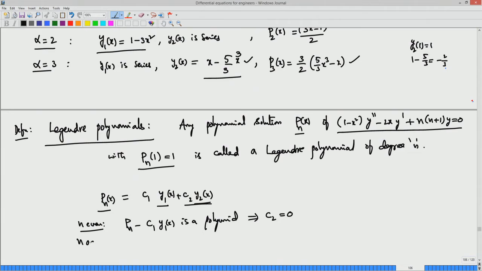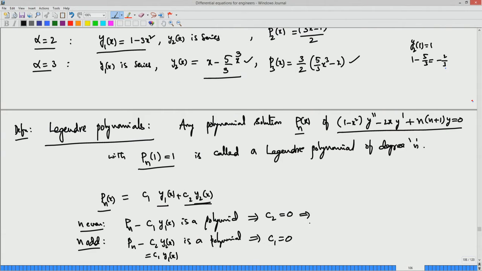Similarly, when n is odd, Pn minus C2 y2 is a polynomial. So, this should be equal to C1 y1 of x, and the left side is a polynomial, the right hand side is a series. So, that is possible only if C1 equal to 0.